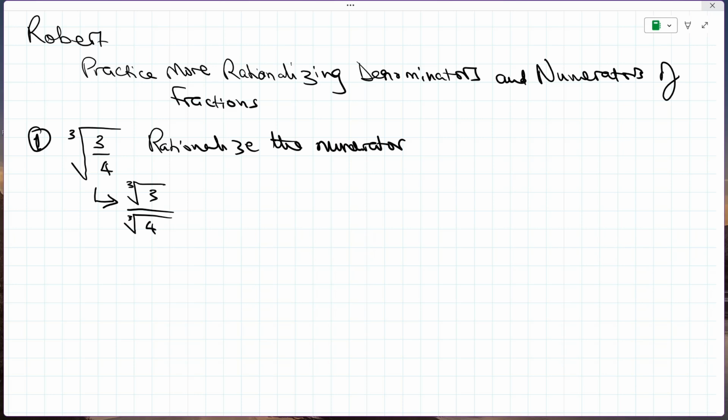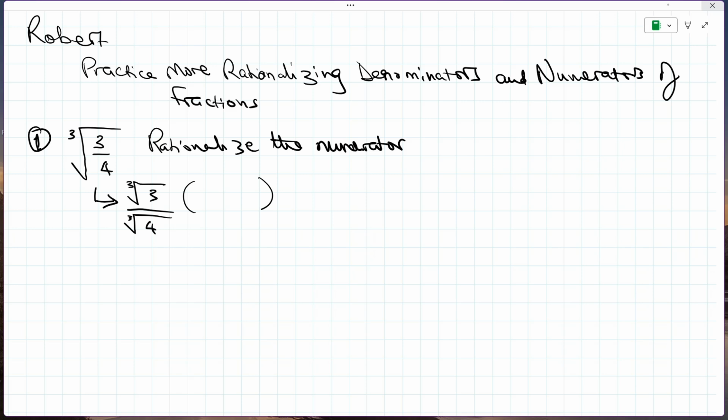Now, in order for us to rationalize the numerator, we need to multiply our numerator by a certain factor or factors that will bring about the removal of the root sign.